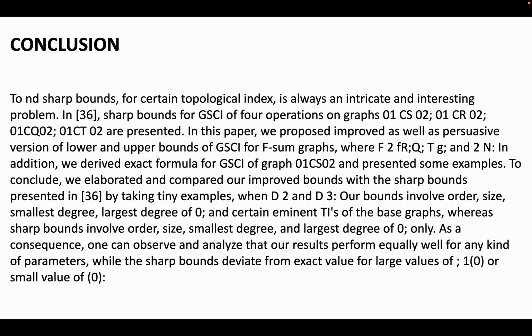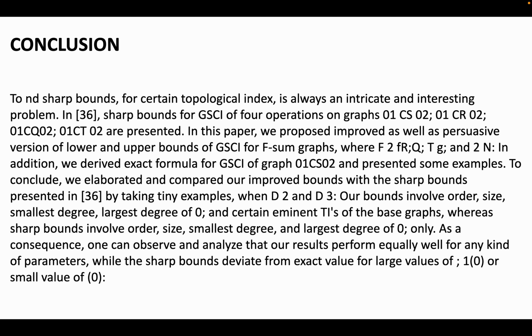In this paper, we proposed improved as well as precise versions of lower and upper bounds of GSCI for F-sum graphs. In addition, we derived the exact formula for GSCI of F-sum graphs and presented some examples. To conclude, we elaborated and compared our improved bounds with sharp bounds by taking tiny examples.